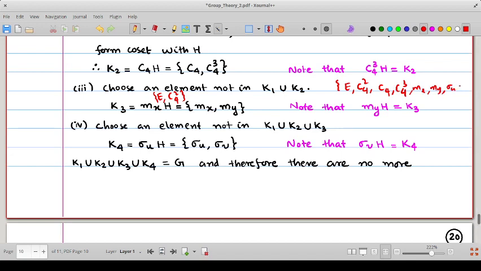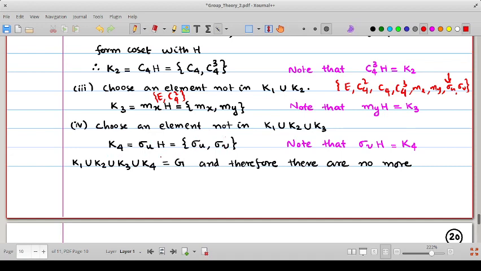They are sigma u and sigma v. So we choose one of these elements and construct the coset K4 equal to sigma u H. Again, multiplying E with sigma u, I get sigma u, and sigma u with C4 square, I get sigma v. So the fourth coset is given by sigma u, sigma v.